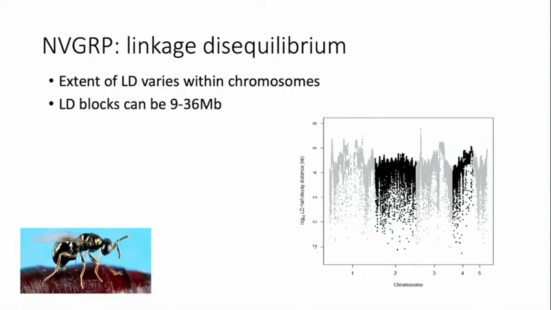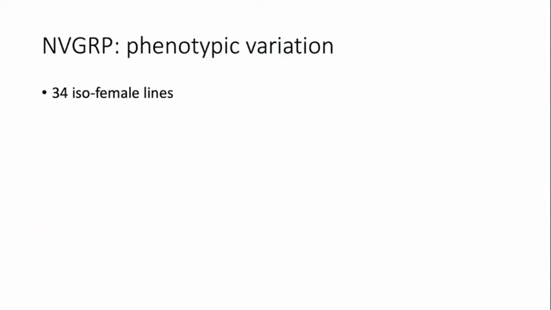And then the extent of LD varies within the chromosomes, and you can find very large linkage blocks ranging from 10 to 36 MB. So that's again a lot of inbreeding, but you see variation over those chromosomes.